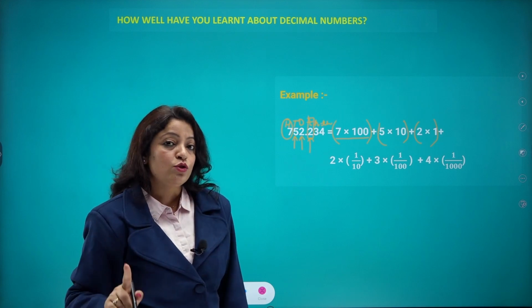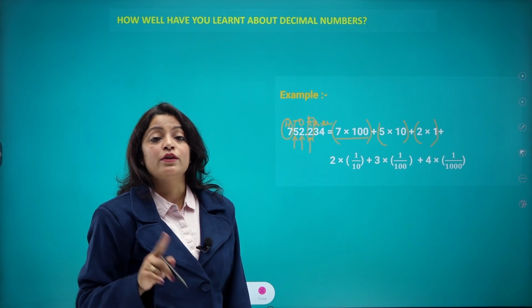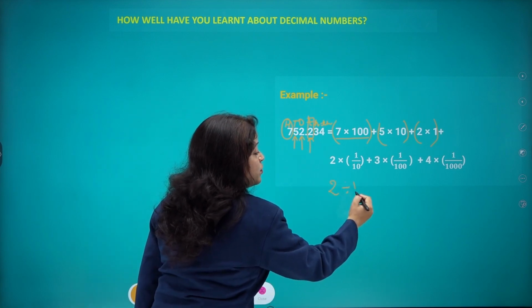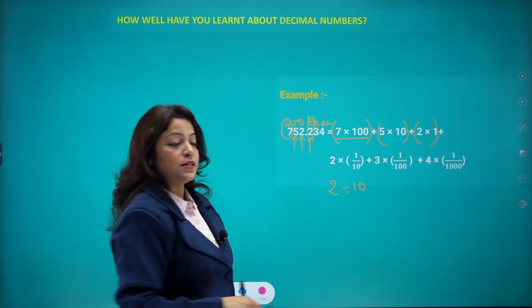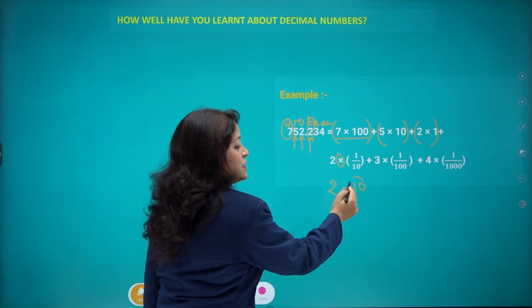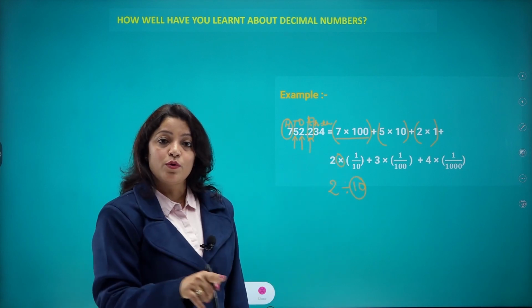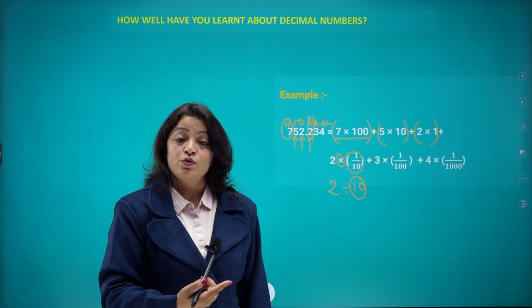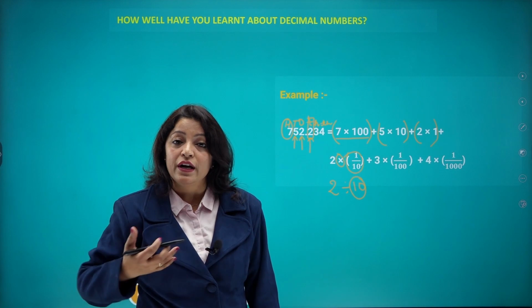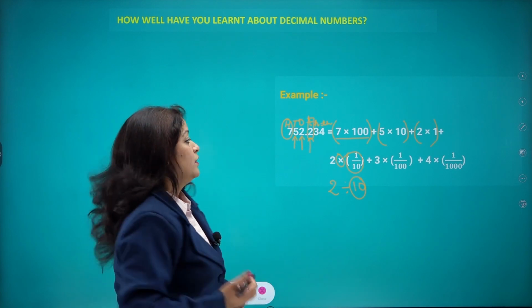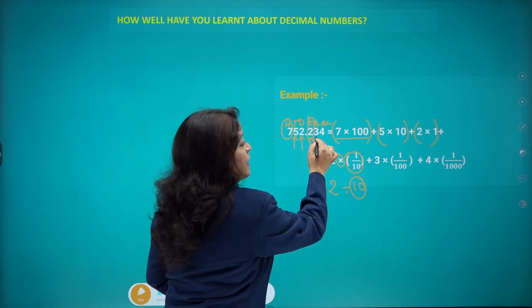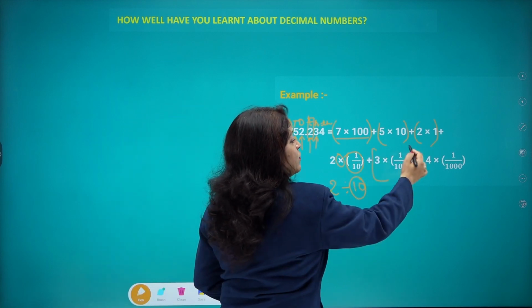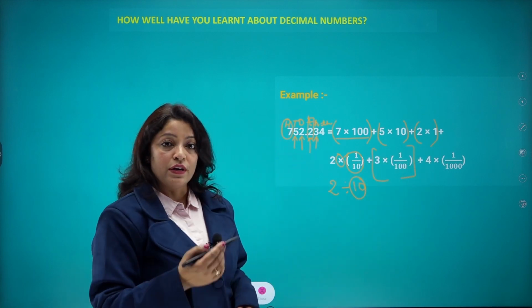I said dividing 2 by 10 or multiplying 2 by 1 upon 10. You know this thing. Dividing 2 by 10 is the same as multiplying by the reciprocal of 10, and the reciprocal of 10 is 1 over 10. Right? So, if we move on to the right side of decimal, we are actually dividing the digits there. So, 3 is to be multiplied by 1 upon 100. That means I am dividing by 100.